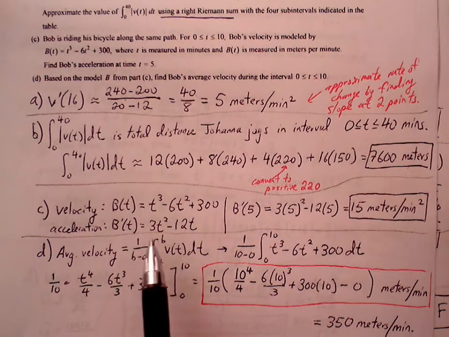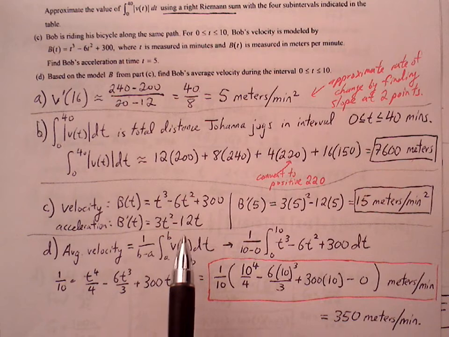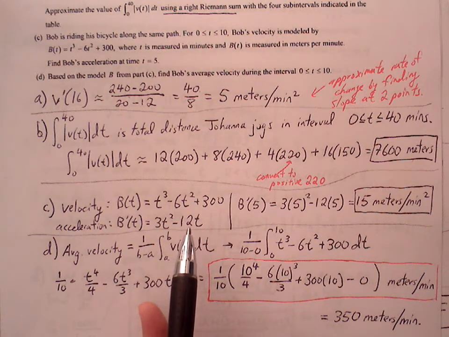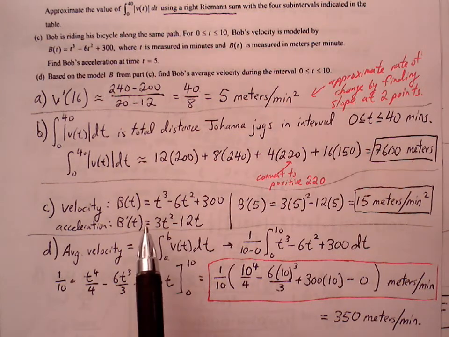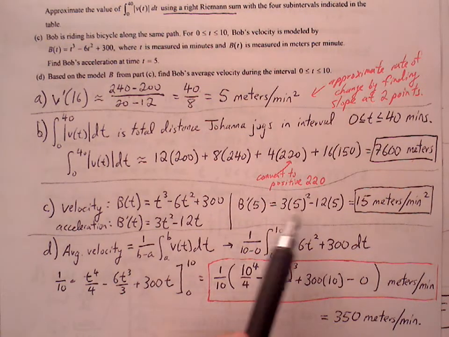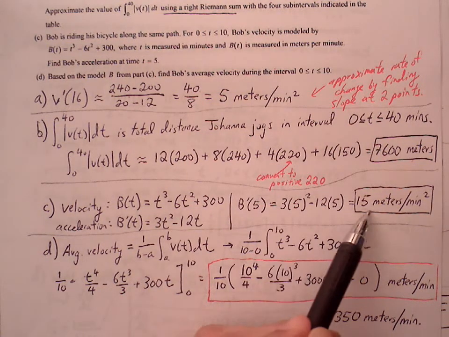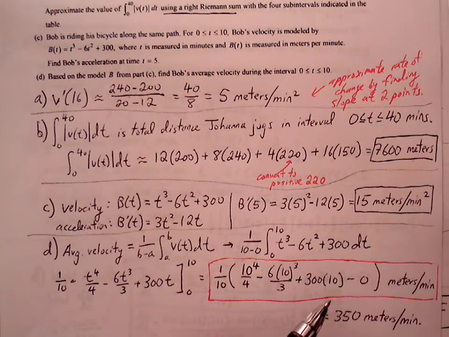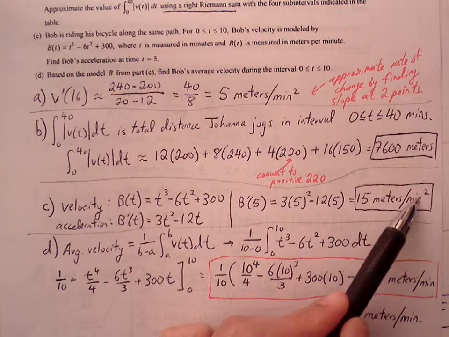So b prime is going to be 3t squared minus 12t. And if we want to find the acceleration at t equals 5, we can plug 5 into the acceleration function. We get 3 times 5 squared minus 12 times 5, and this gives us 15 meters per minute squared. We're dealing with acceleration, okay, so our units of measure have to match.